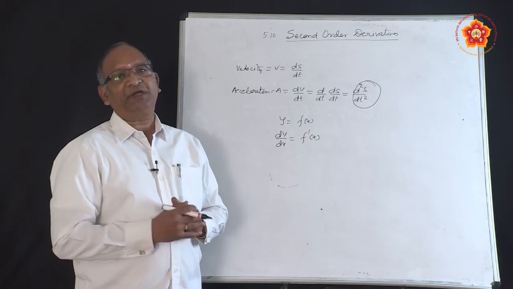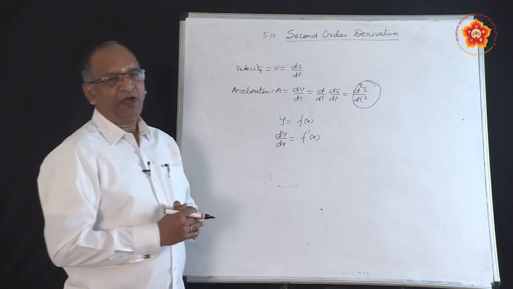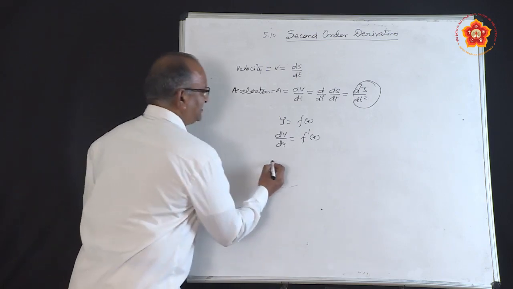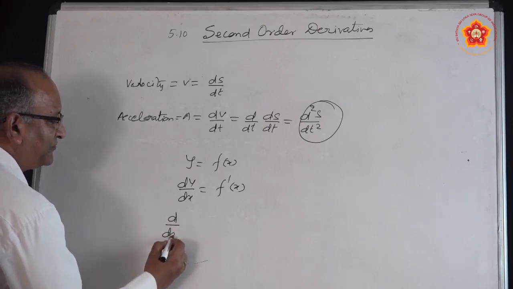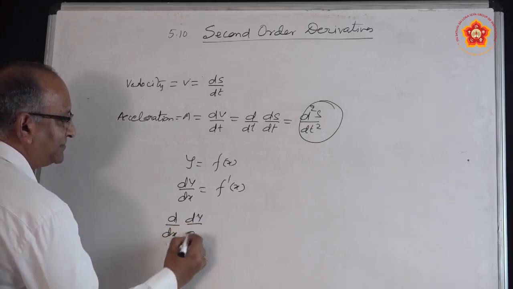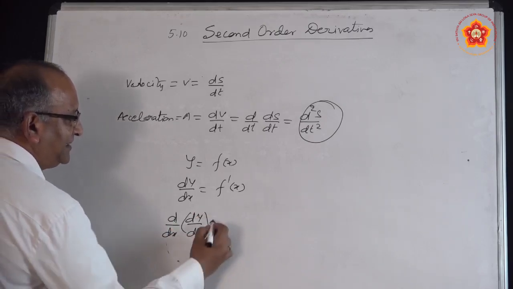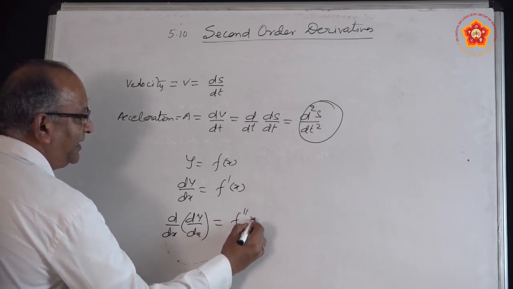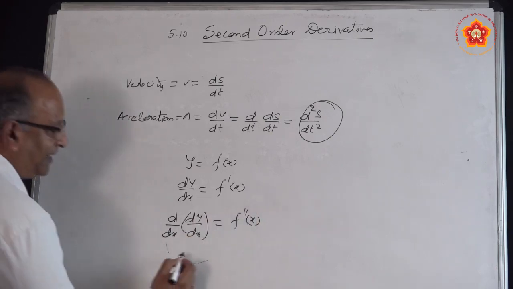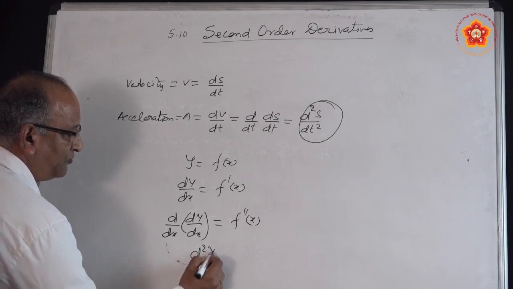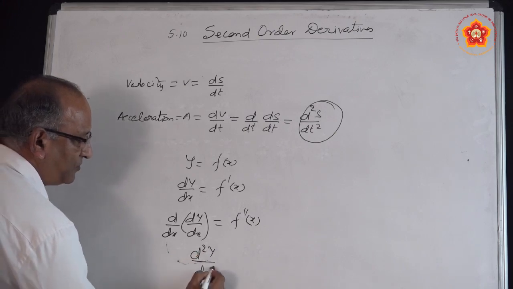Suppose you are able to differentiate a second time, how do we do that? We say d/dx of dy by dx, and this is represented as f double dash x, or in other terms d2y by dx square.